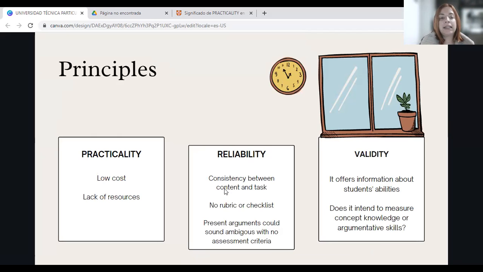For practicality, we have that the activity was low cost. I don't see any material used in this activity, but that might be a negative aspect because sometimes resources are an excellent complement to an activity to reinforce a concept. And in this case, there is no use of resources.